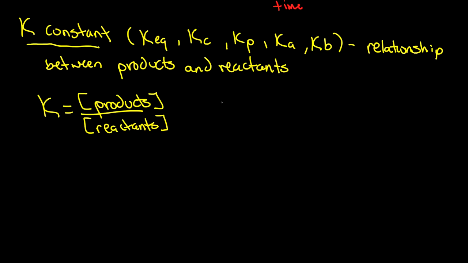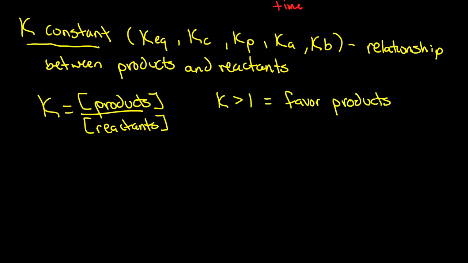So if K is greater than 1, your reaction will favor products. So your reaction is going to be more inclined to produce a lot of product, and you're going to have a greater loss of reactants in their concentrations.